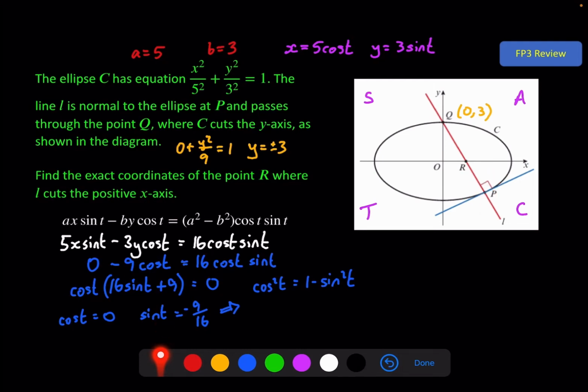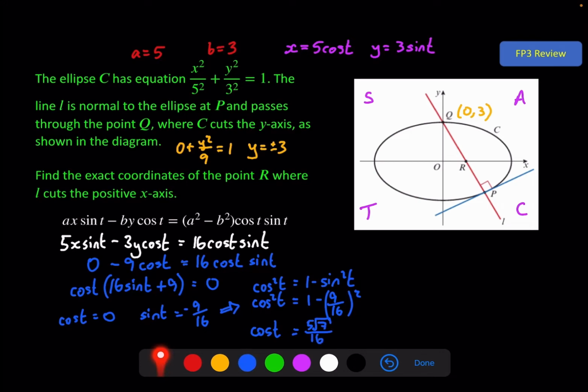In order to keep my values exact, I'm going to have to do this as fractions and make sure my calculator doesn't get too enthusiastic about changing it into a decimal. And if you do that on the calculator and you square root it and you take the positive root, we get 5 root 7 over 16.